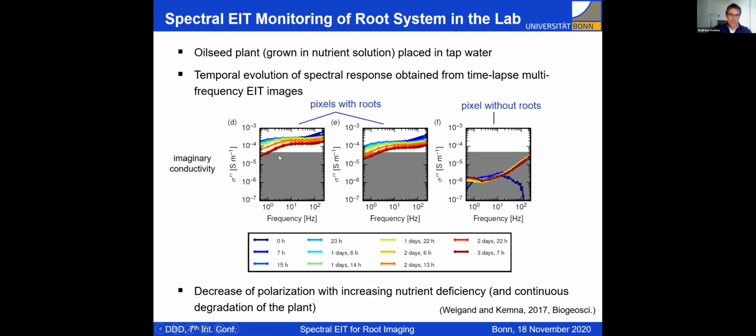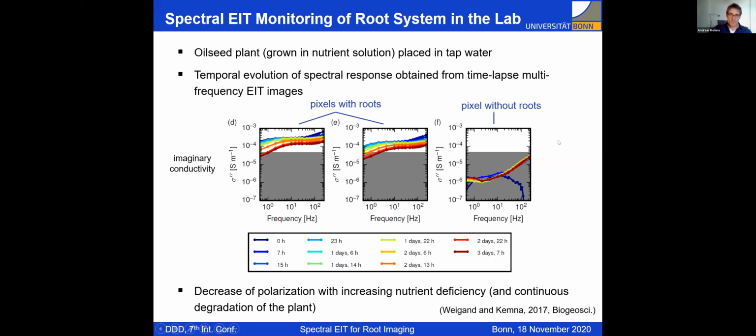And with this going on, we see here the spectral response. So this is polarization versus frequency, and the spectral response changes over time, both in terms of shape and also in terms of strength.